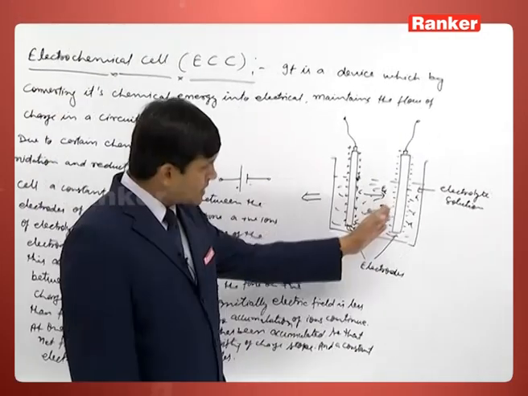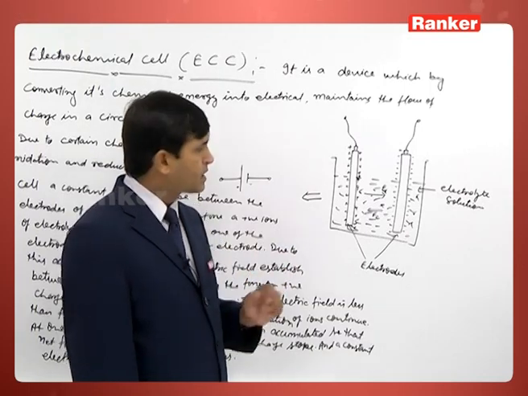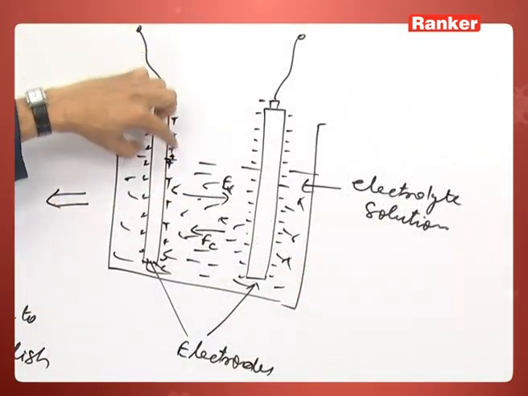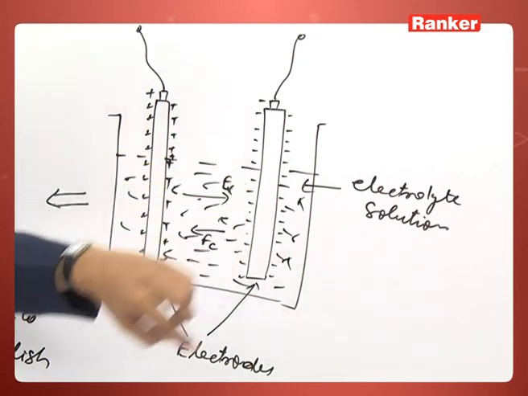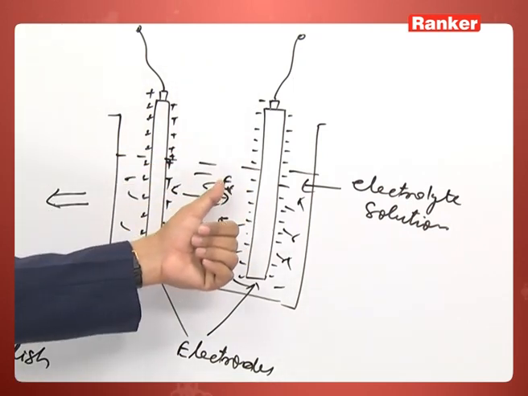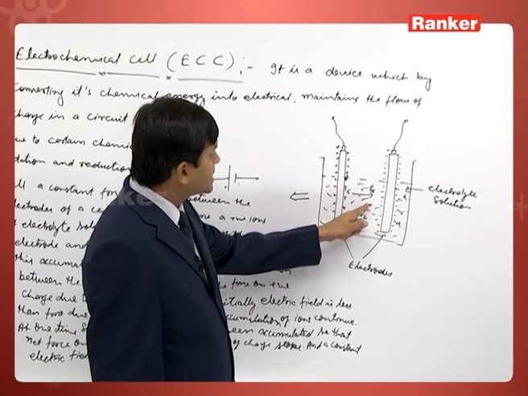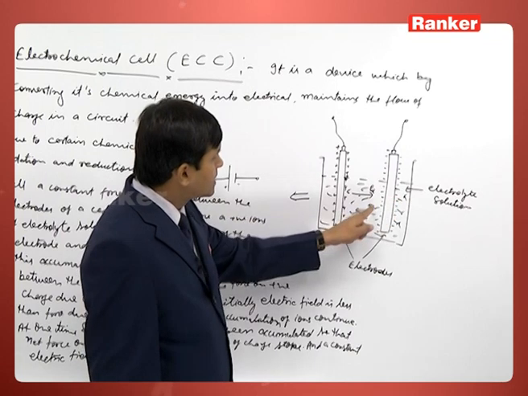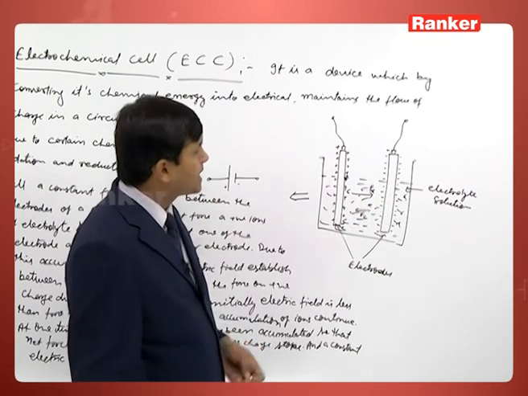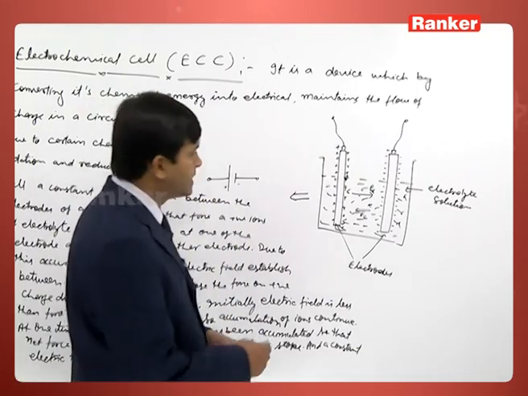So further ions continue to reach the respective electrodes. But as the amount of charge on the electrodes increases, the electric field increases. At one stage, the electrical force in that direction and the chemical force in this direction are equal and balance each other.